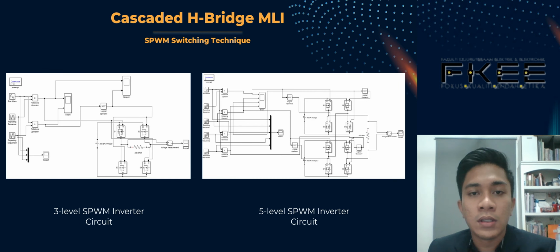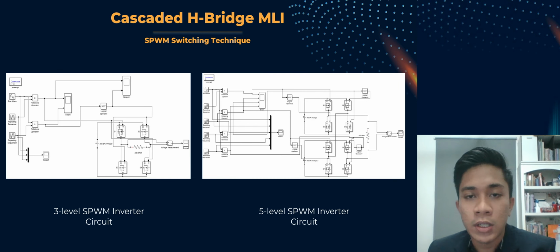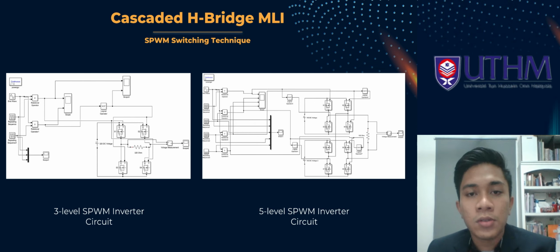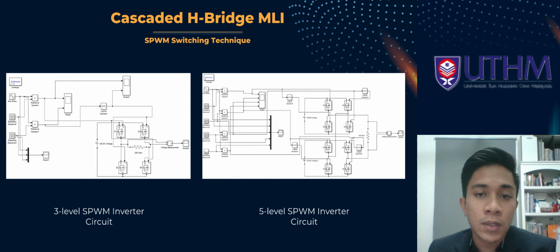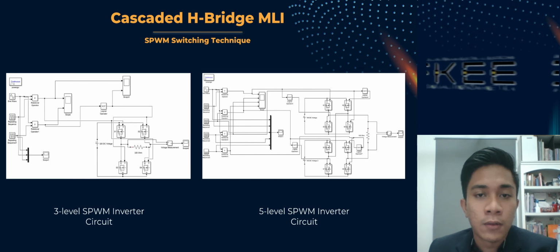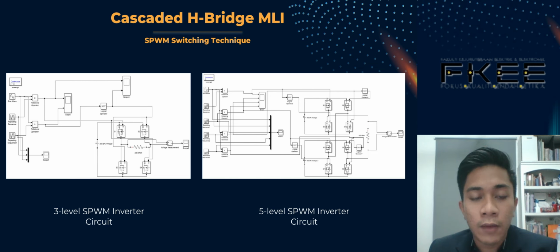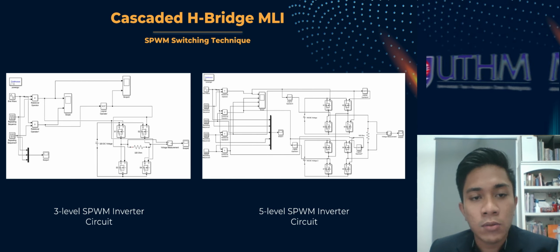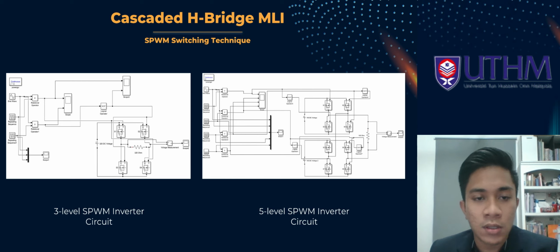Okay, let's continue with the cascaded H-bridge multi-level inverter with the SPWM switching technique. The difference between the PWM and SPWM is that we have two signals here. For the PWM, we have one type of signal, which is the pulse generator, but for the SPWM, we have two types of signal: the first one is the sine wave, and the second is the repeated sequence.